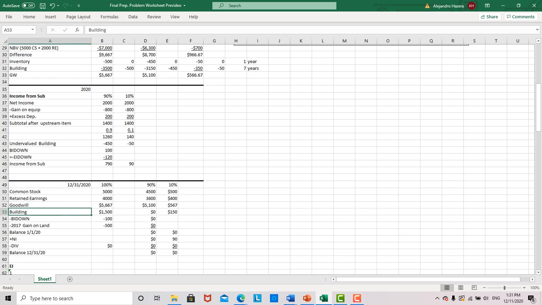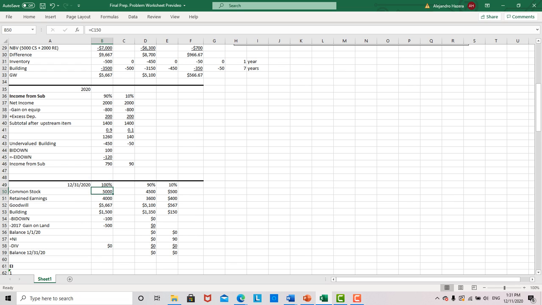The building is going to be split 90, 10. I've already got the 150 in there. Now, these are both downstream items. You notice that the income calculation for the inventory, the land's not in there because it doesn't affect 2020 income. It was a 2017 transaction.